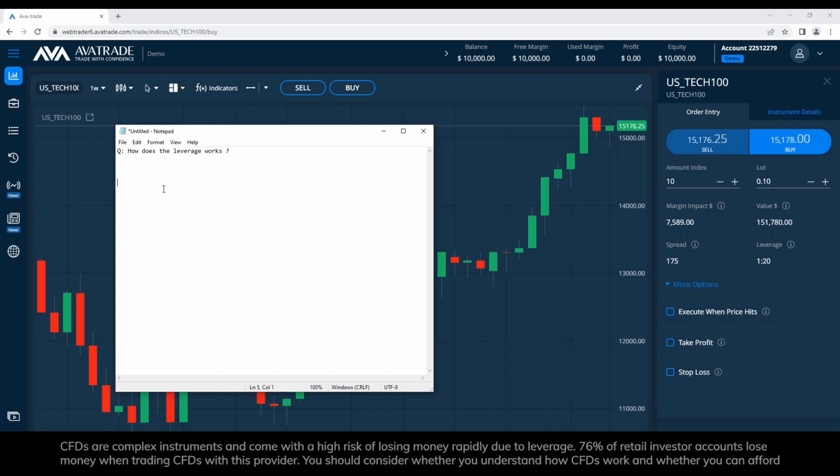0.1 with Nasdaq, 0.1, which equals 10 shares, 10 indices. Or indexes, how do you say it? Indices, right? 10 shares. Okay, let me start from a clean slate.